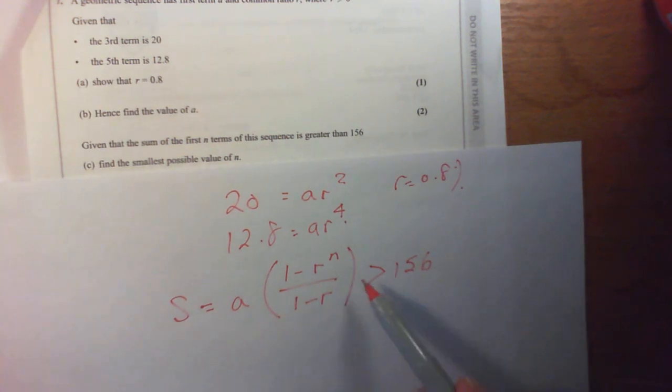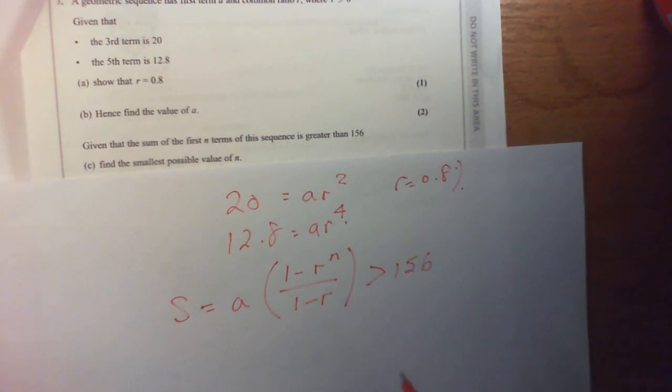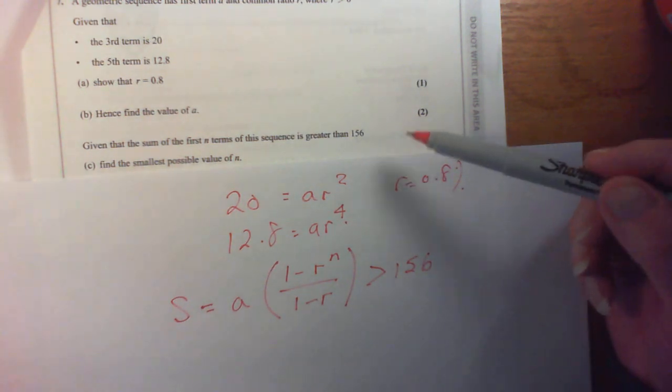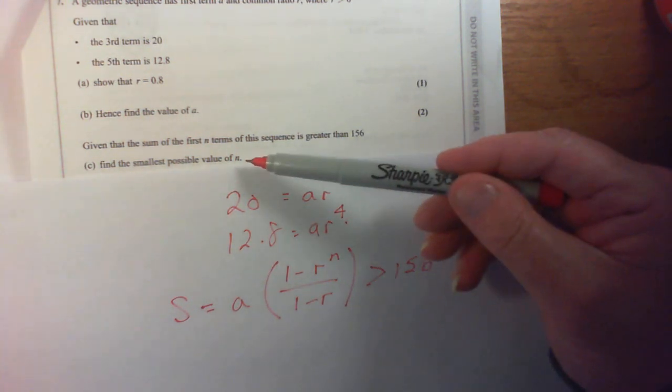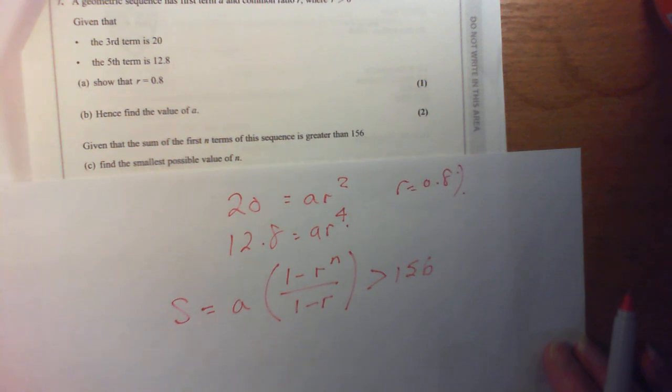So that's the sum, and I want it greater than 156. So at the end of the day, I'll get something like n is greater than such and such, which will allow me to give you the lowest value of n, which is what is required here. Find the smallest value of n.